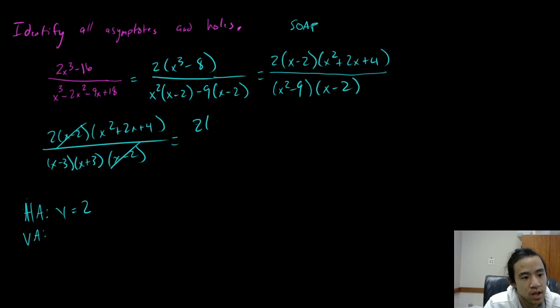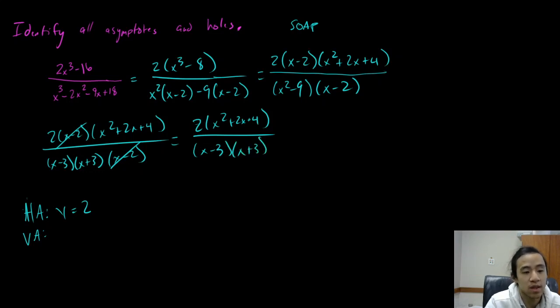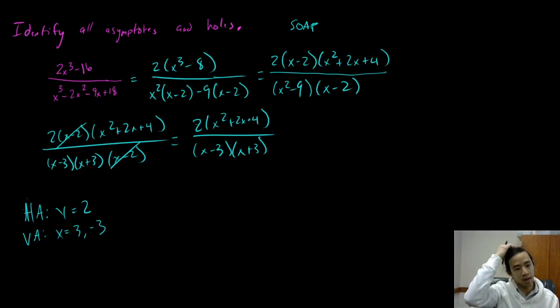We have 2 times x squared plus 2x plus 4, over x minus 3 and x plus 3. Remember, if you set the denominator equal to 0, that's going to give the vertical asymptotes. So we can just say that the vertical asymptotes are at 3 and negative 3. If you set the bottom equal to 0, that's what you get. And now this other thing, we have to find the asymptotes and holes.